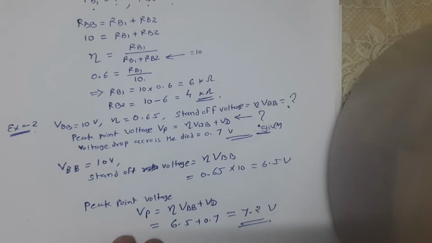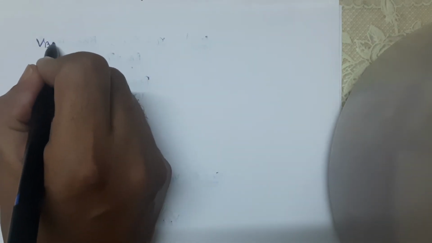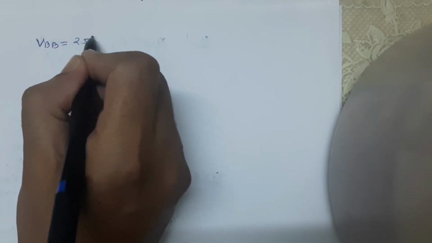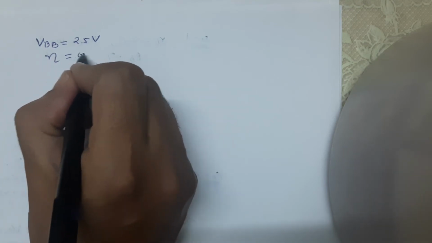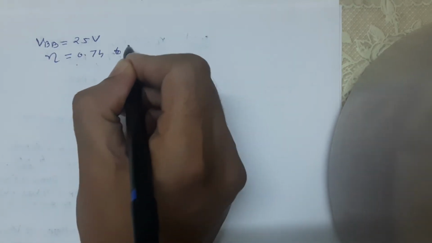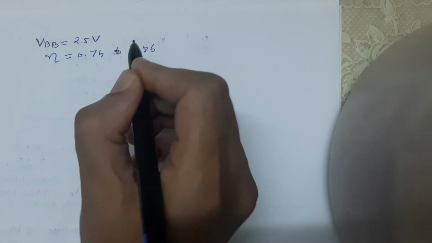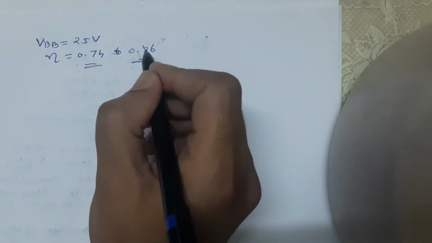The last example is: determine the maximum and minimum peak point voltage for a UJT with VBB equal to 25 volt. Given that the UJT has a range of intrinsic standoff ratio eta equal to 0.74 to 0.86, minimum to maximum range.